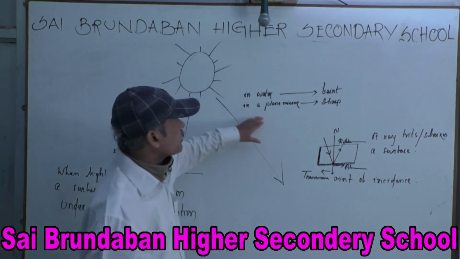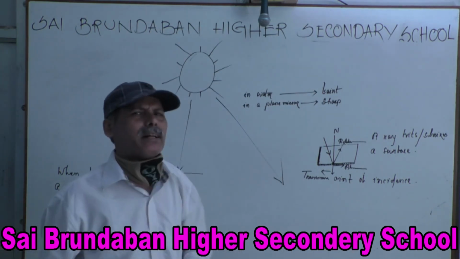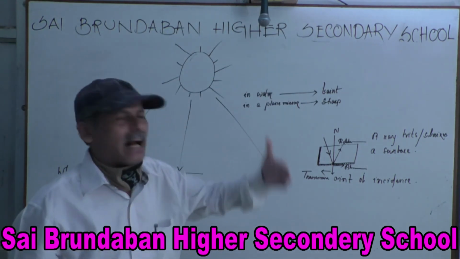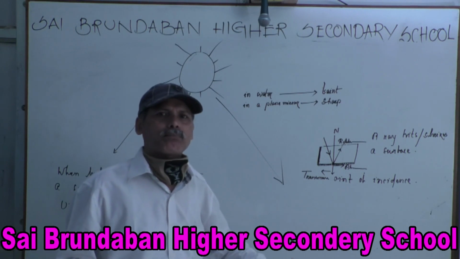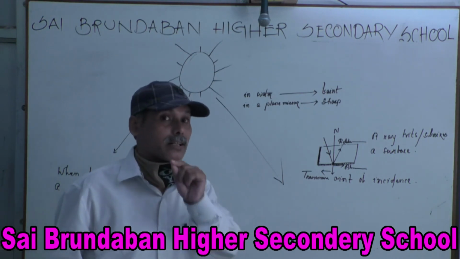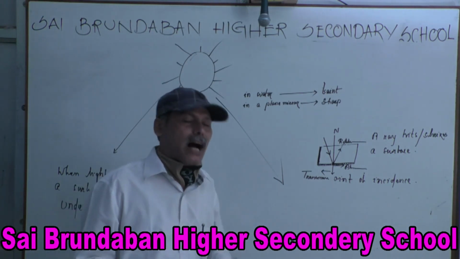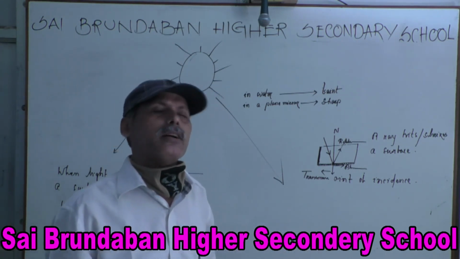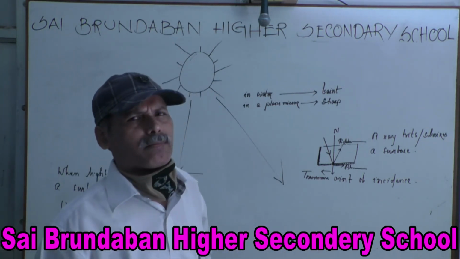While in case of a plain mirror, what is a plain mirror actually? The plain mirror is a thin glass plate behind which silver is coated. Opaque. No transmission is possible. But a little bit of absorption is there. In case of a plain mirror, there is no transmission, but there is a sort of absorption of light.